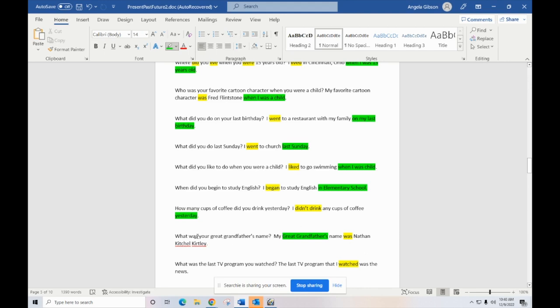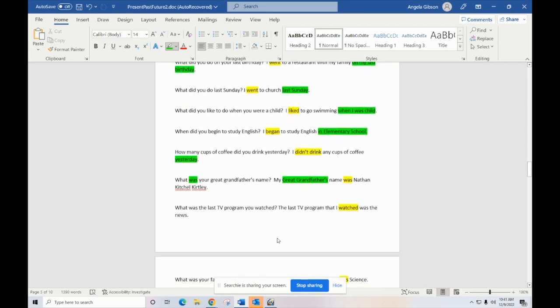Because also, what was your great grandfather's name? He's not alive now. If my great grandfather were alive, it would be what is your great grandfather's name? It would be present tense if he's alive. But it's past, so he's not alive. So that's why it's past tense.